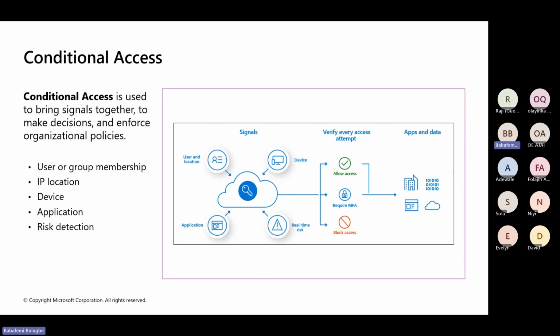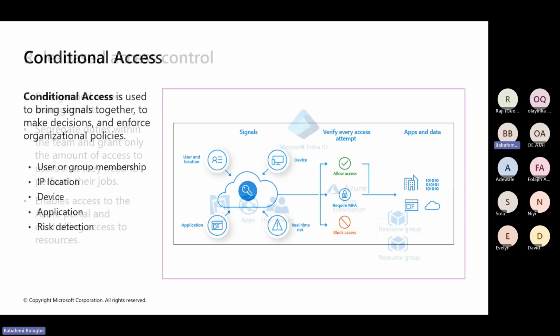So regardless of how you try, you will still not be able to access, or we can take off some particular users to say this person is not going to access. Or we can use risk detection. We'll set up the policy to say, if you feel the account is compromised, you should not allow the account to be used to access this particular application. So conditional access is used to make critical decisions based on policies that we set in there.